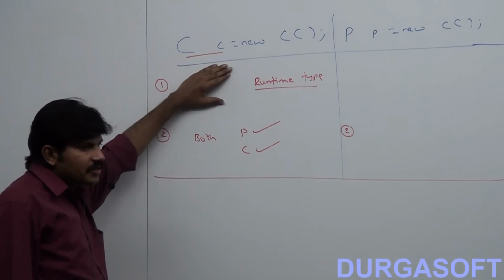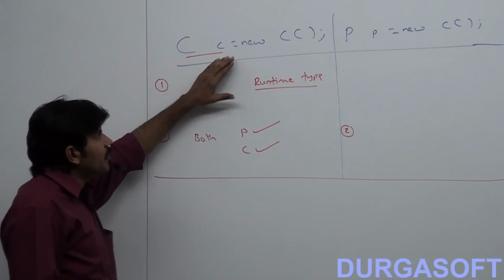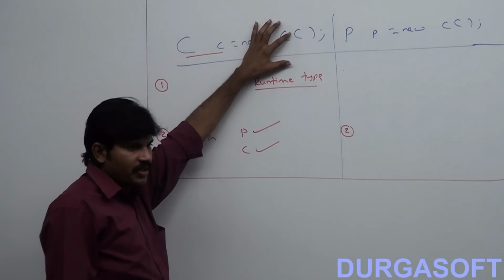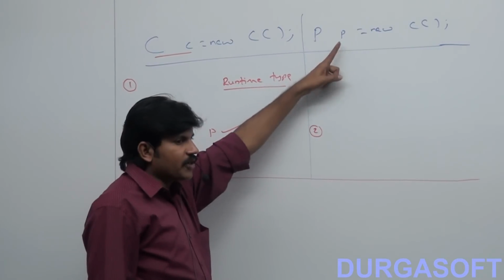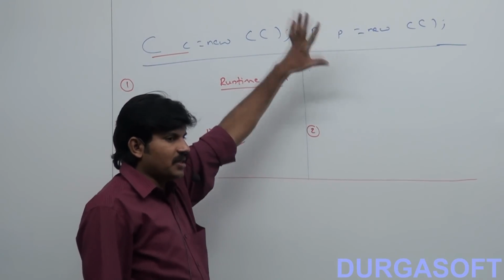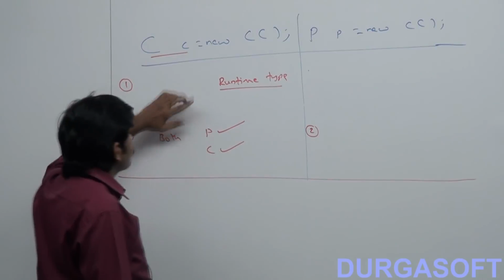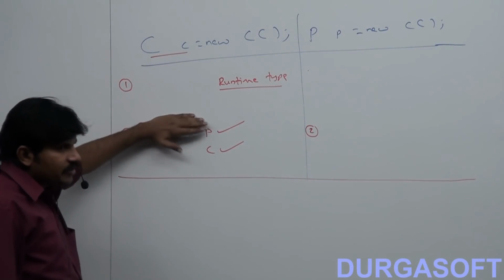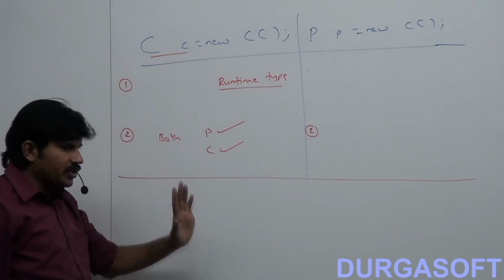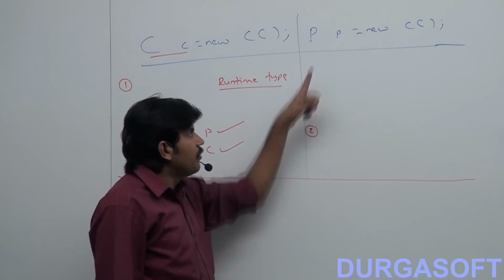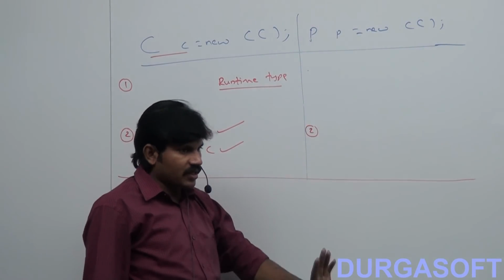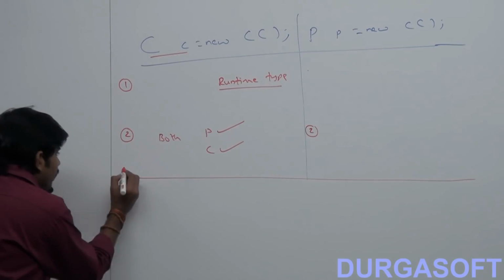The problem here is that a child reference can hold only a child object. Are you getting it? We can't hold any other type. But we can use a parent reference to hold any type of child object. Next, by using a child reference, the advantage is we can call both parent and child class methods. But by using a parent reference, we can call only methods available in the parent class. Are you getting, right? Next, the third point.